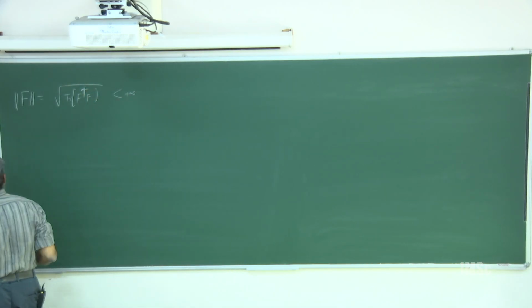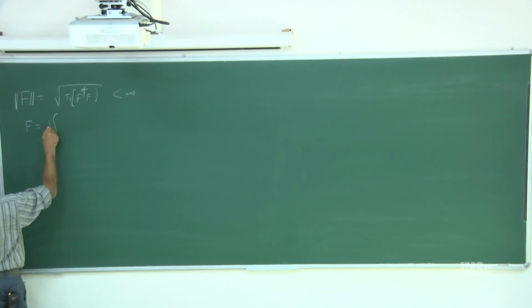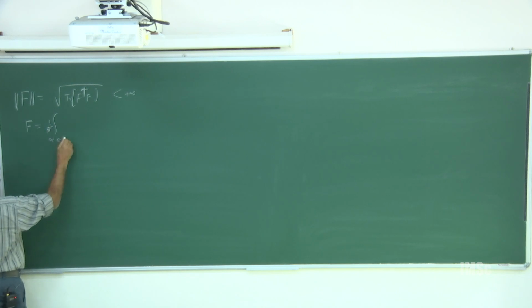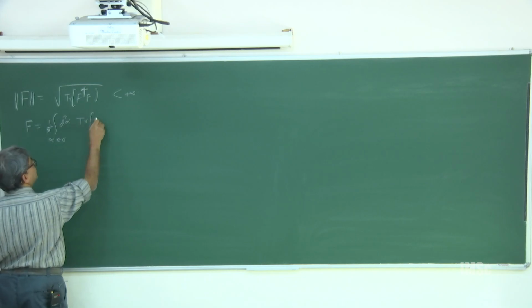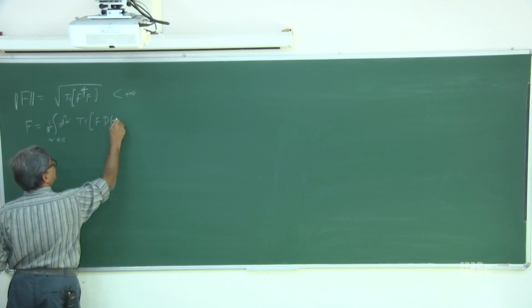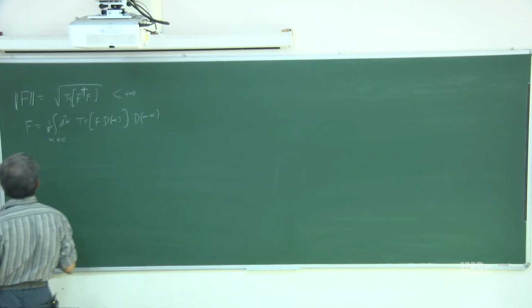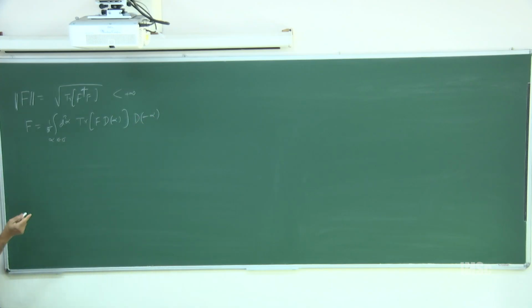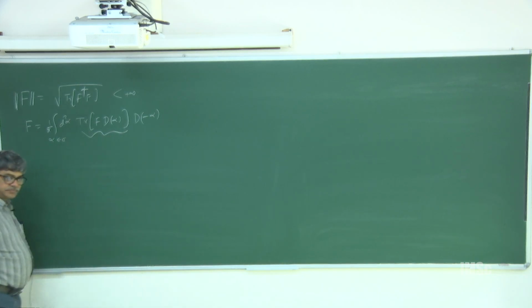Then it is a bounded operator, and we have seen that any such bounded operator can have a representation in terms of the displacement operator together with this weight function. So, D alpha is my displacement operator and then D of minus alpha. For a bounded operator, we know that if f is bounded, then this is a square integrable function.